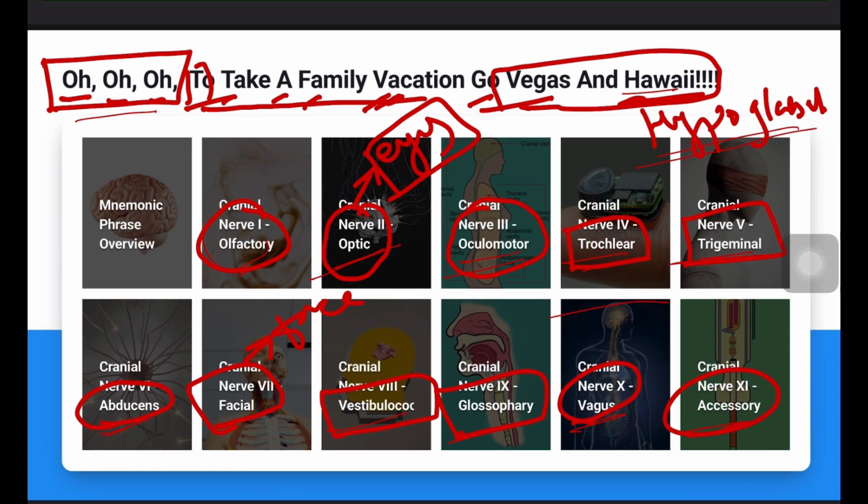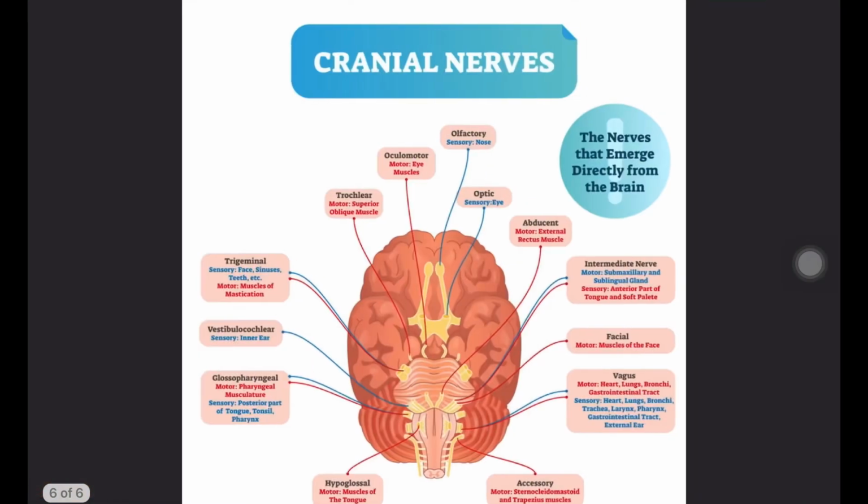So I will give you a diagrammatic representation of the cranial nerves. Friends, this is the diagrammatic representation of the cranial nerves. You just take a screenshot of this so that you can memorize these easily at the last time before the examination.